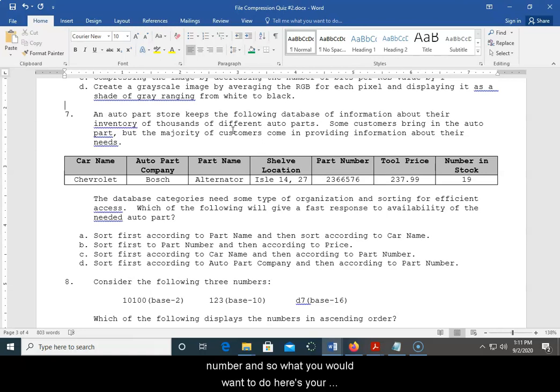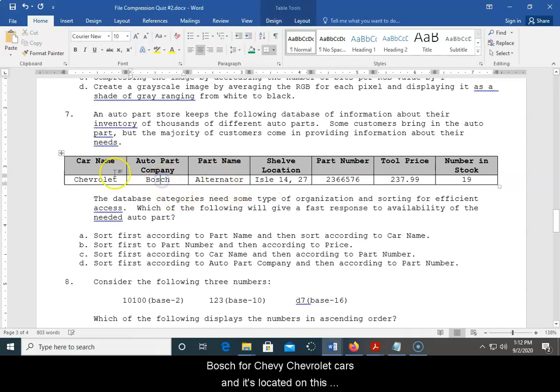And so what you would want to do, here's your information: your car, the auto part name, shelf location, part number, tool, price, number in stock. Okay, so this company has 19 different alternators made by Bosch for Chevrolet cars, and it's located on this shelf, and here's the part number and price.